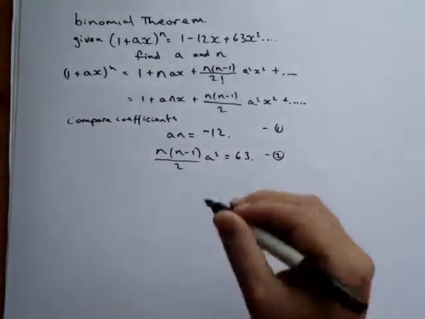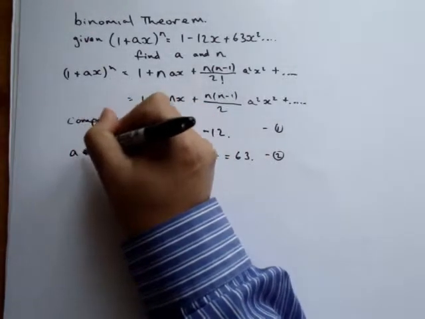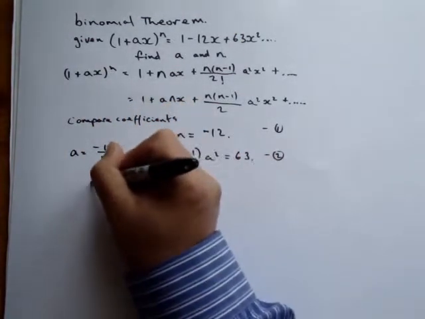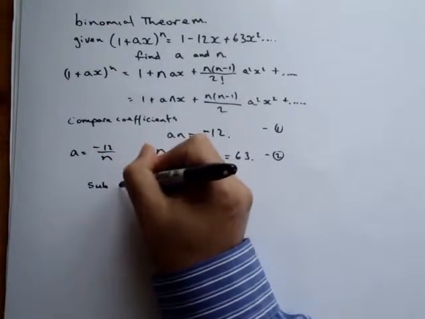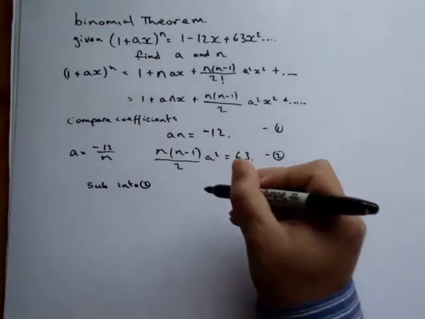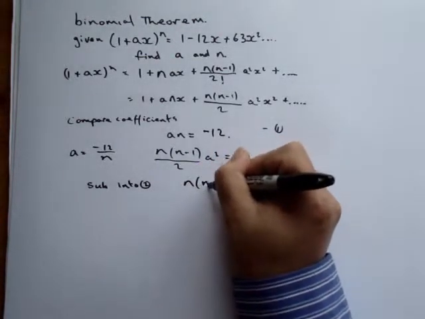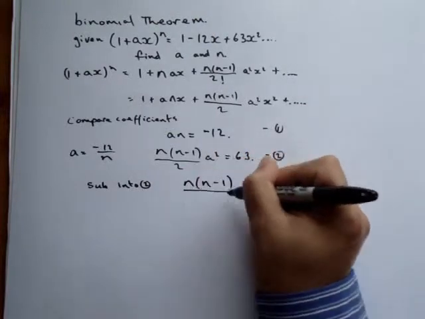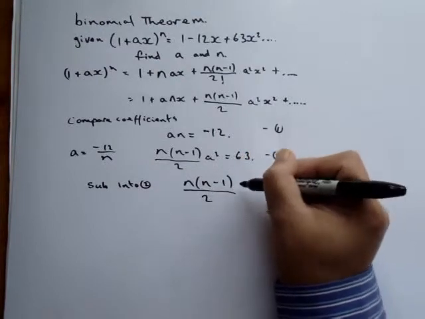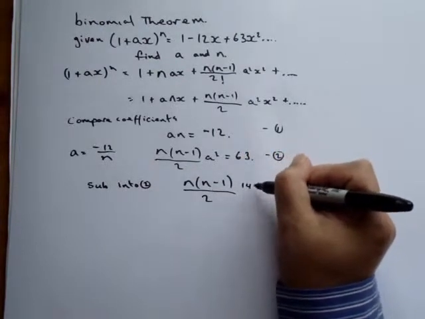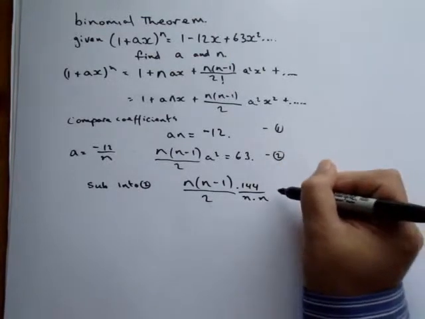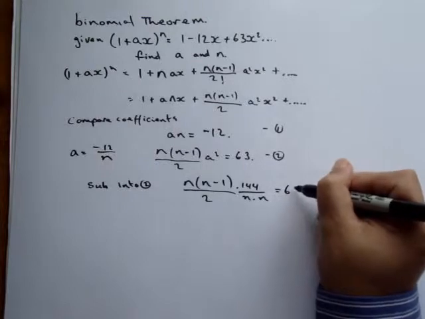So we have a equals minus 12 over n, and if we sub this now into 2, we get n minus 1 over 2, and our a squared then becomes 144 over n squared, which is n times n, and this then equals 63.